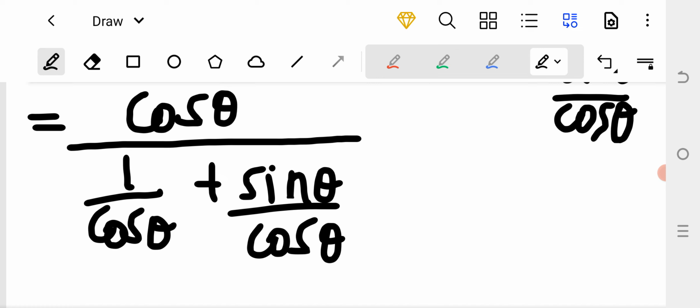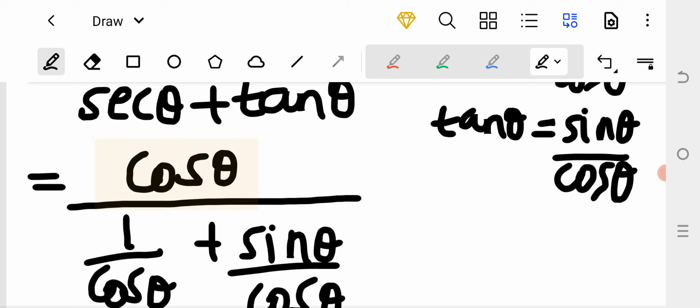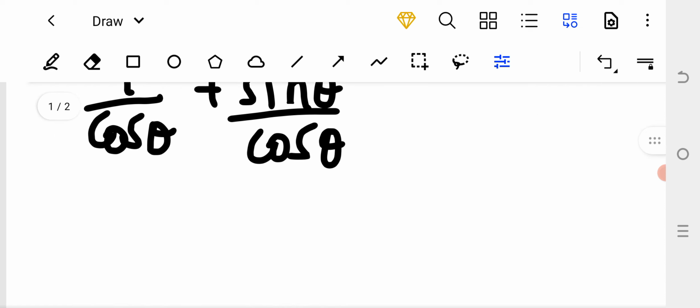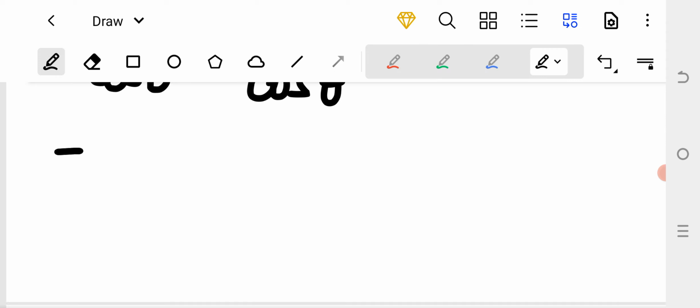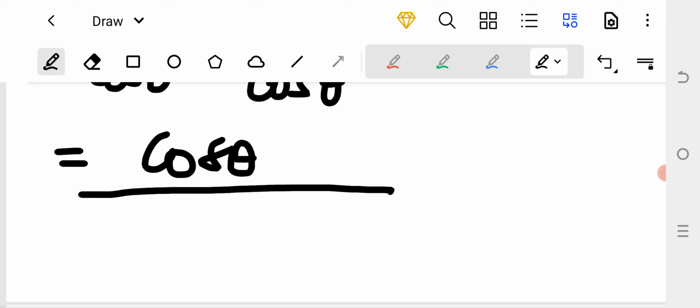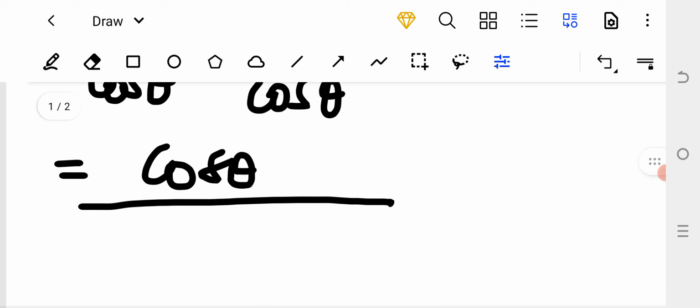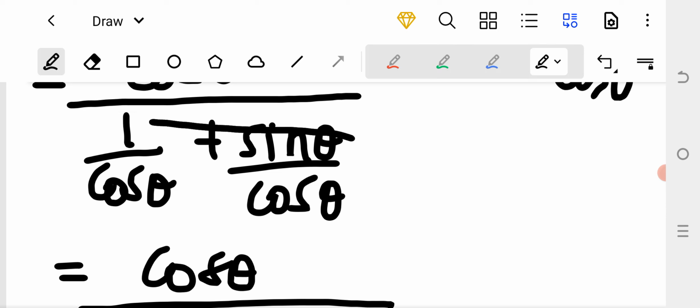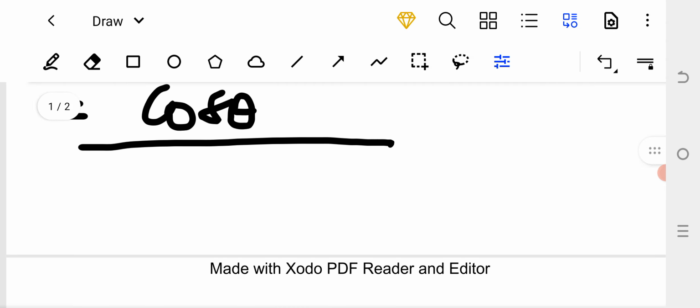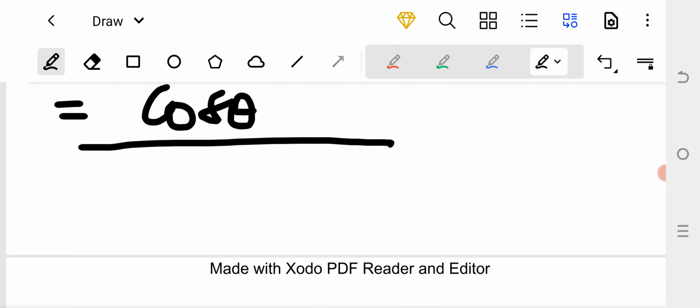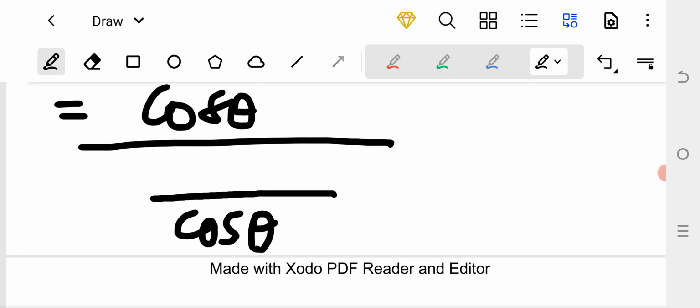We are going to simplify it, where we will not tamper with this numerator, we'll just leave it as it is. We'll say this is equal to cos theta divided by the common denominator for the fractions here, which is cos theta. So we write a small dash, then cos theta.